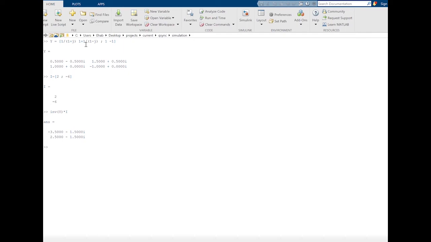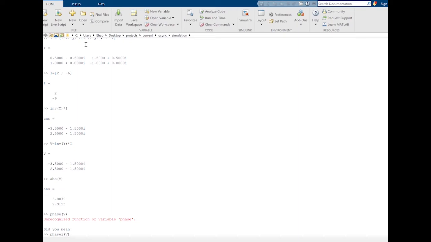Let me store this in a variable. Let me call this V. Now I want to take the magnitude of this, so absolute V, because I want to represent everything in polar form. So that's the magnitude. And then for the phase, I could use the phase function or the angle function.